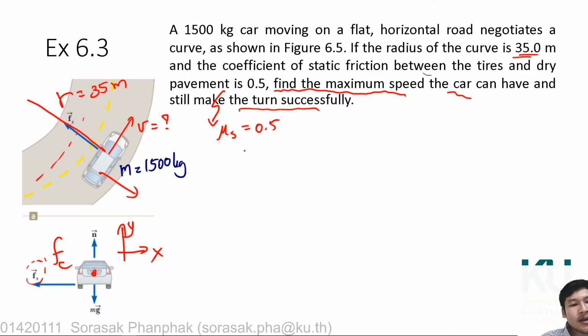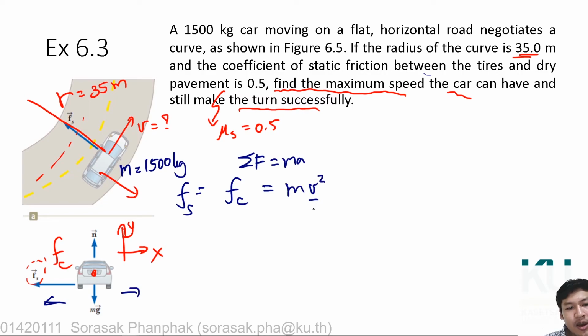Start with Newton's second law, which you already know. The force here is the centripetal force, which is the static friction. When you look at this frame, there's no movement toward this side or this side. The balance of this is equal to ma, which is v squared over r.